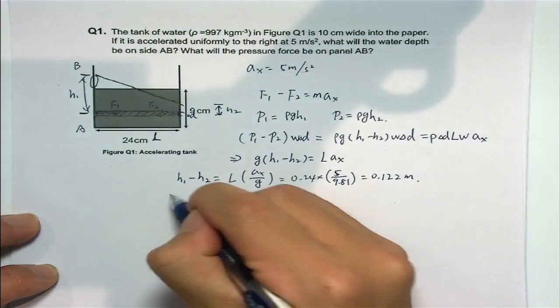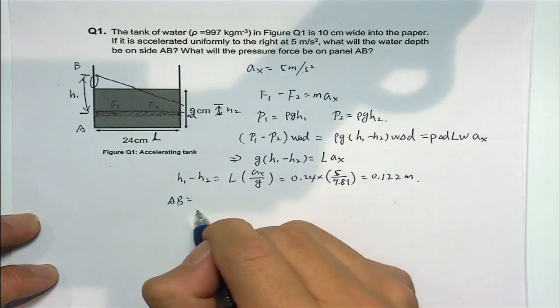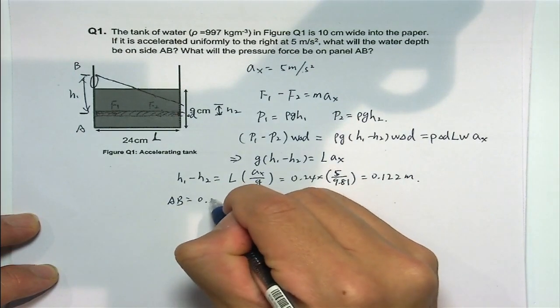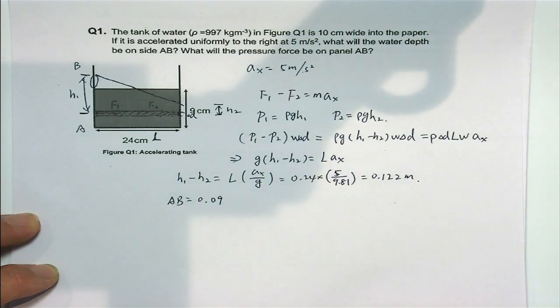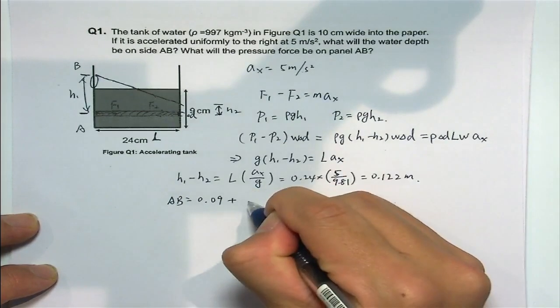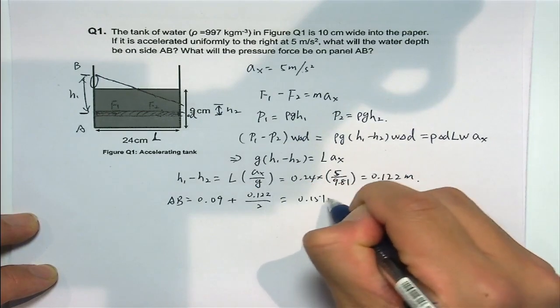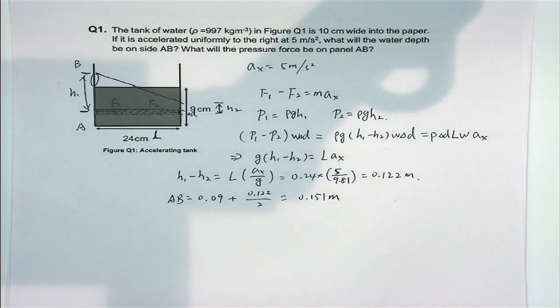So we got the length AB, which is 0.9 plus half of 0.12151 meter, right? So the AB could be solved.